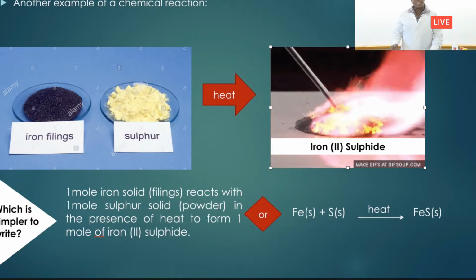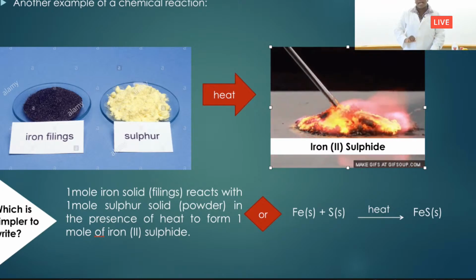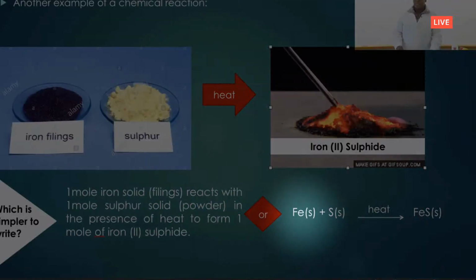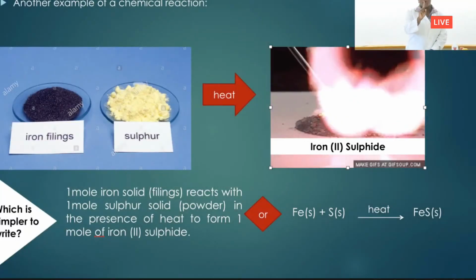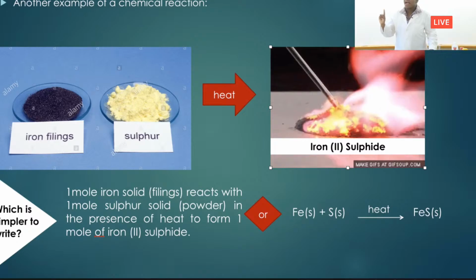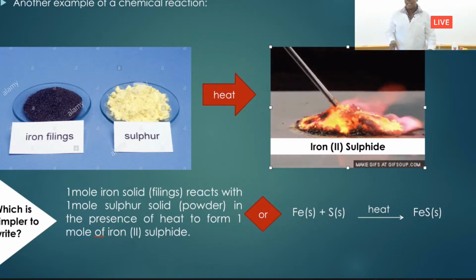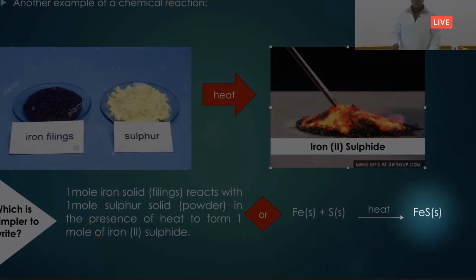Let's see if this equation is balanced. How many irons are on the reactant side? There's no number. Hint, hint. Good. That means there's only 1 iron. How many irons are on the product side? No number again. So 1.